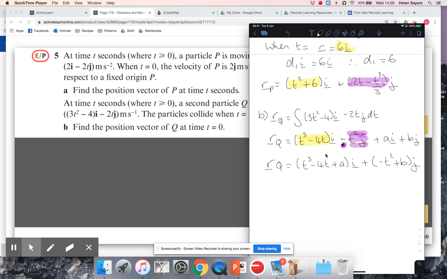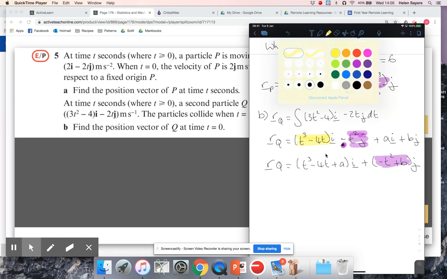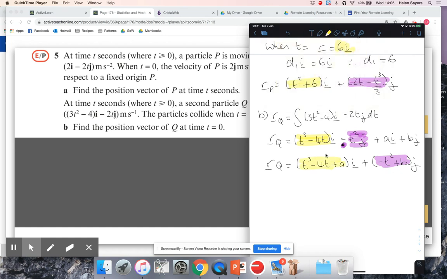Okay, right. So I'm actually going to look at those versions. So when I'm looking at my i components, and they've told me they collide when t is 3, I'm looking at the i component, the position vector for p.